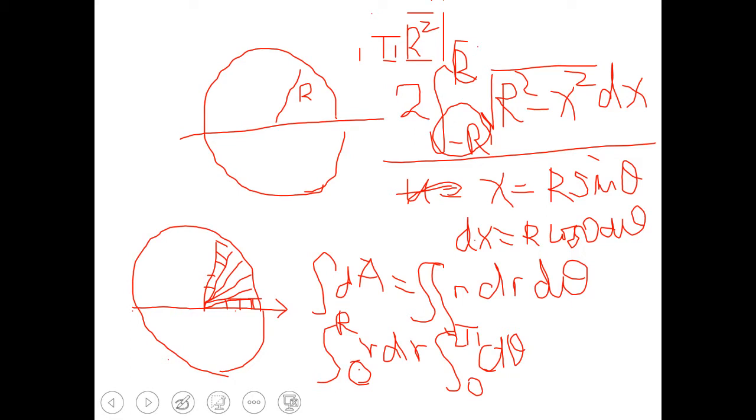For the first term you get r squared over 2, and for the second term you get 2 pi. So you end up with pi r squared.